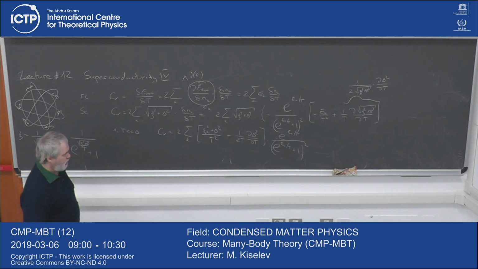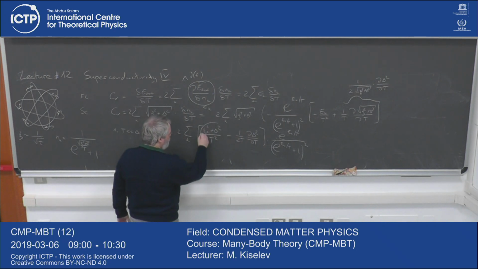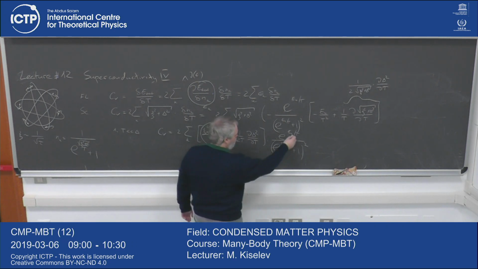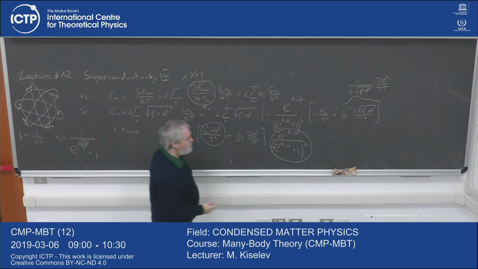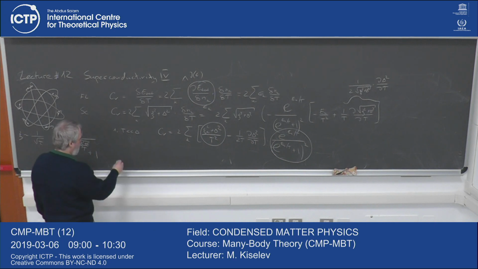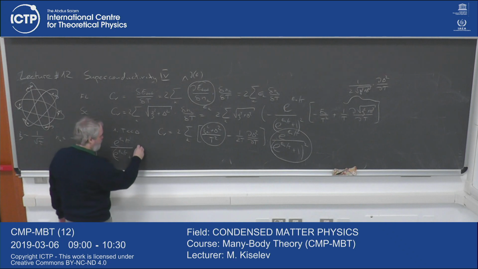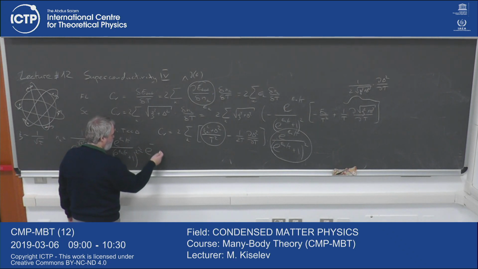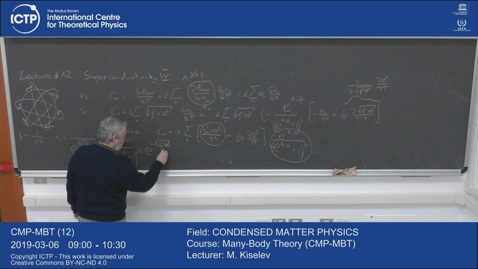So let's first analyze this term, and let's look at this one. Since the temperature is much lower than the Fermi energy, the factor e to the power ek over temperature plus 1, squared, is approximately equal to e to the power minus square root of xi square plus delta square over temperature.